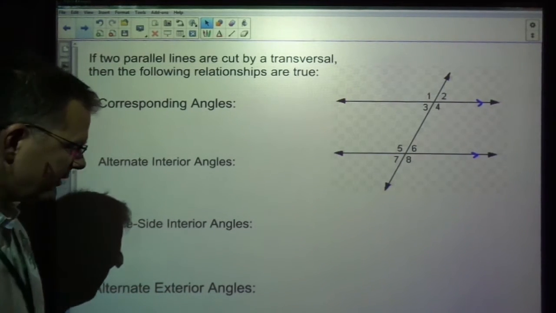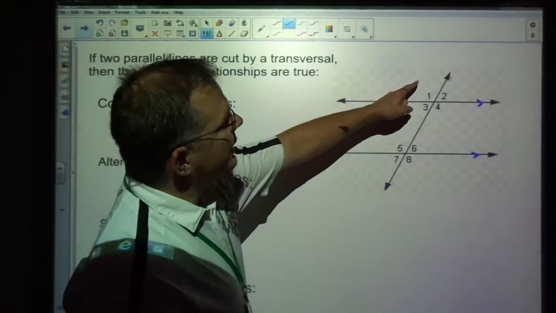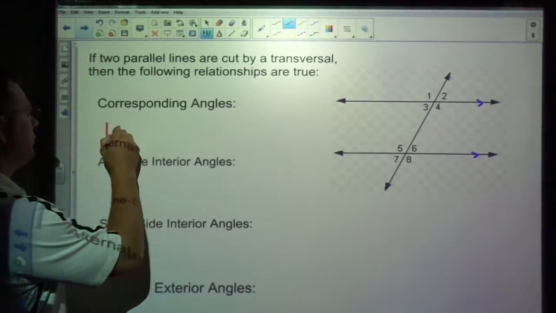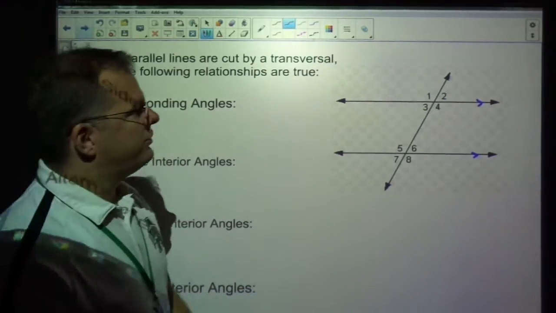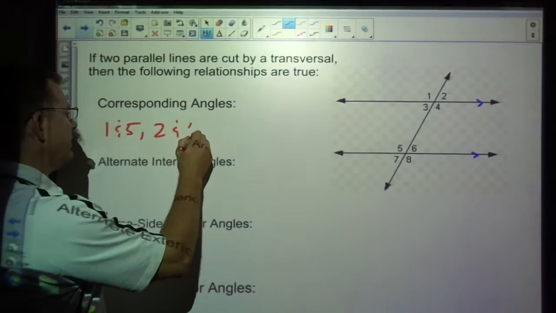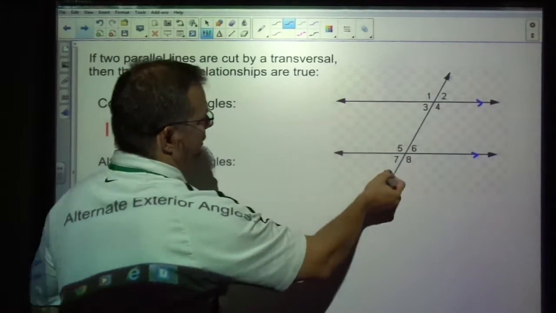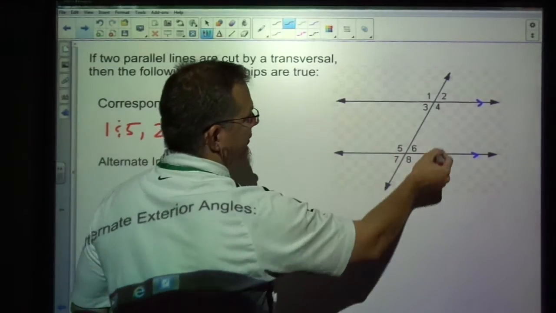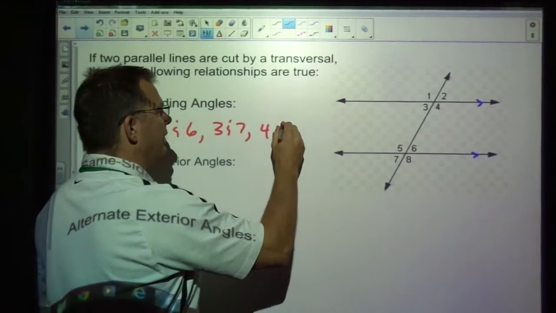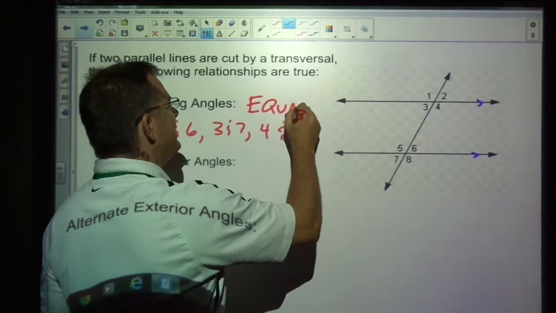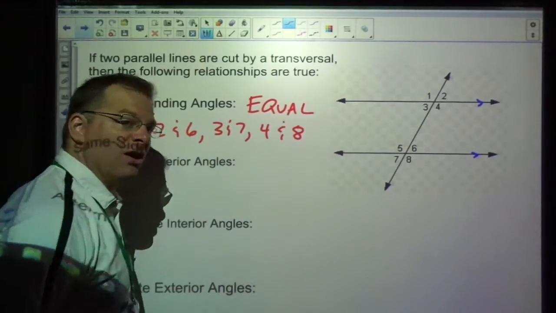The one in the upper left corresponds with 5 in the upper left, so 1 and 5. 2 is in the upper right, and that corresponds with 6 in the upper right. Lower left with lower left, 3 and 7, and lower right with lower right. And we know that corresponding angles will always be equal if those two lines are parallel.